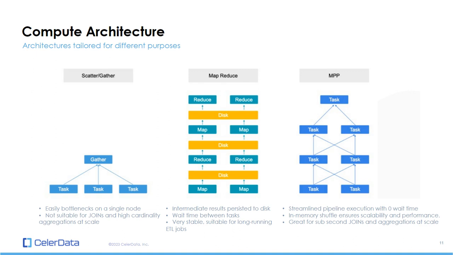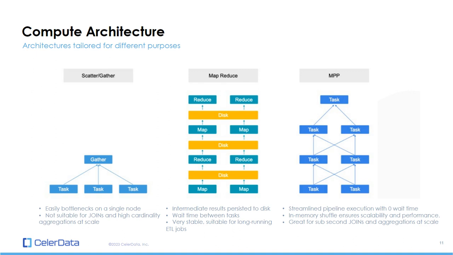And the second type of architecture is MapReduce. You see that with Hadoop and variants like Spark, those ETL tools, right? They have operators, and each operator implements a map and a reduce, right?